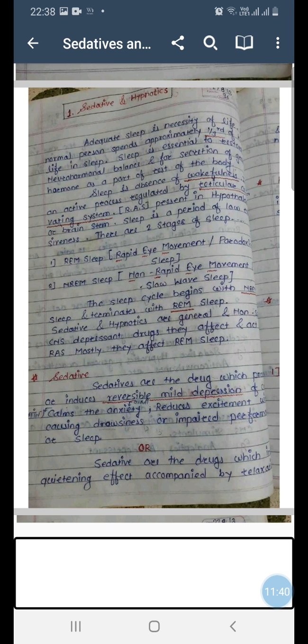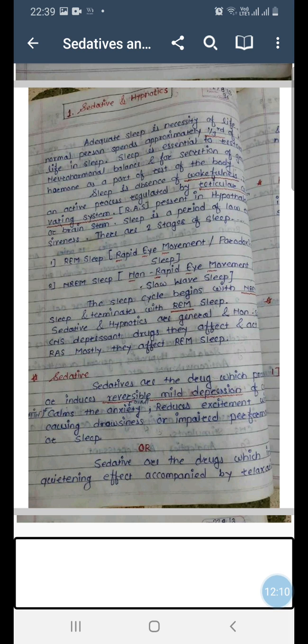Now, sedatives and hypnotics are generally called non-specific CNS depressant agents because they do not act on one particular area or receptor. They act on a particular area or system called the reticular activating system, and mostly these drugs affect your REM sleep.